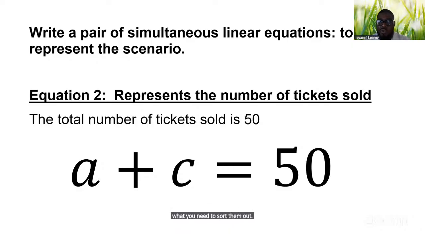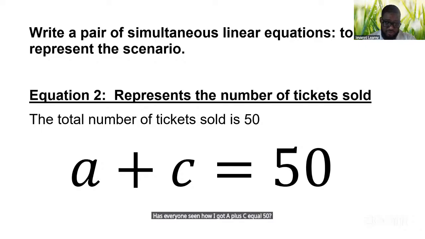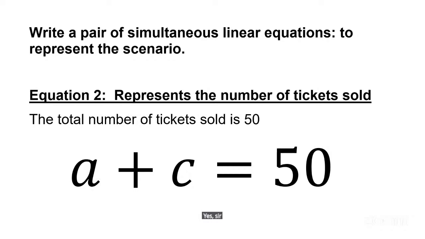You don't know how many adult or children tickets you have, but you know the total is 50, and total generally indicates that we add. So this is how we get A plus C is equal to 50. Is everyone seeing how I got A plus C equal 50? Yes, cool.